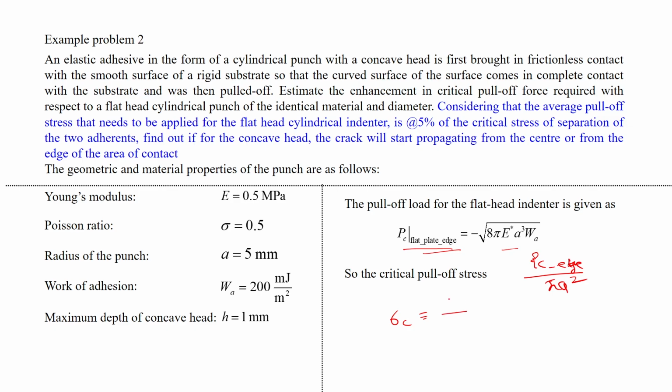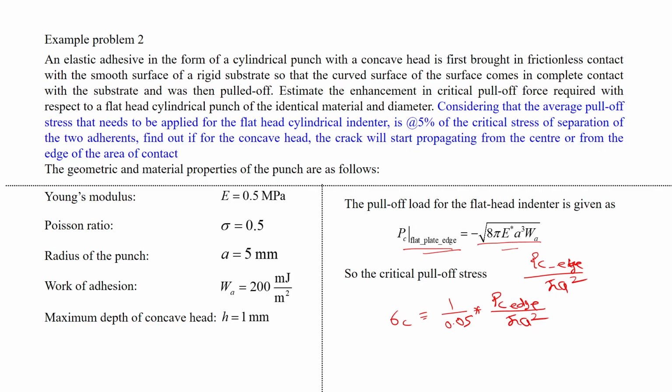Therefore, we have to divide by 0.05 times this quantity. The total pull off load for this flat plate is given by this expression. We know this value, we found it in the last lecture, so we can find it again, and divide by pi a square.